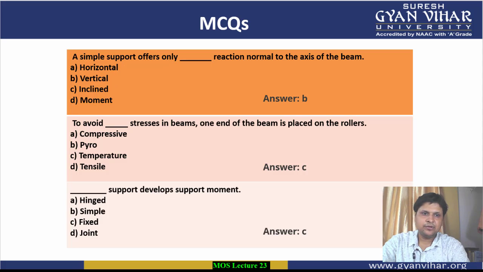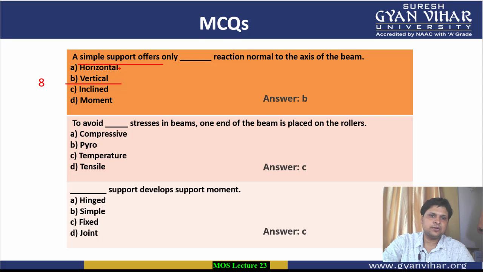Coming to MCQ numbers 8, 9 and 10. First, let's discuss MCQ number 8. The question says: a simple support offers only dash reaction normal to the axis of the beam. We all know that a simply supported beam only offers the vertical reaction, normal to the axis of the beam.